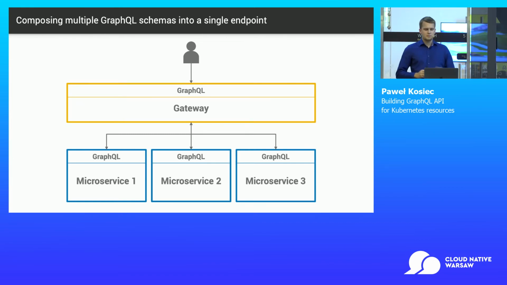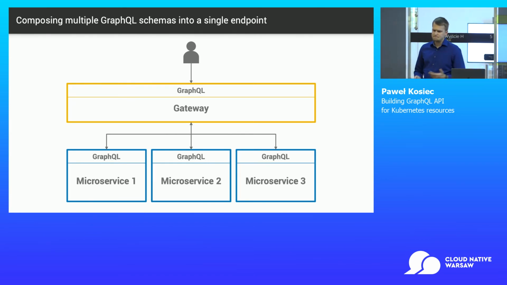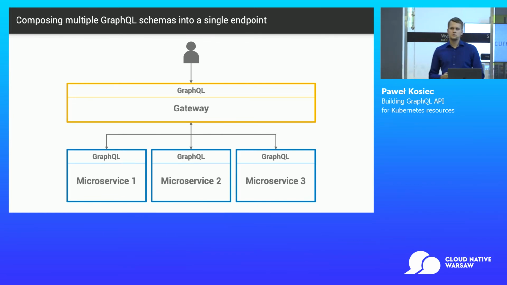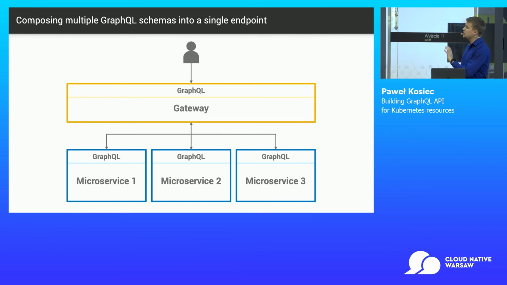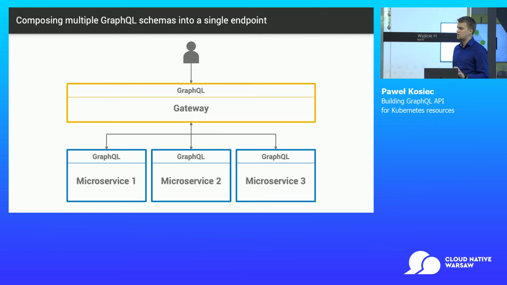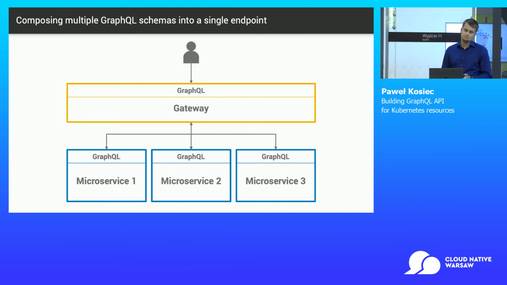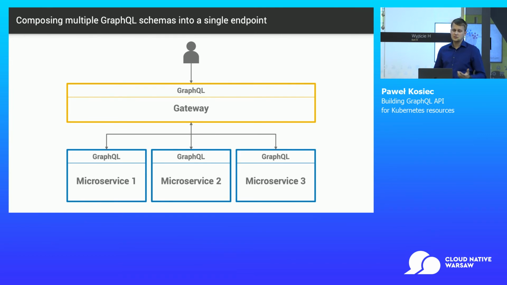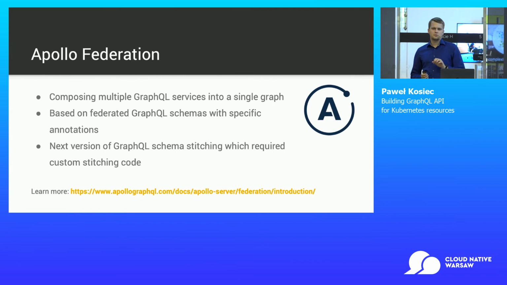As a result, the user sees the same schema as before, while requests are actually made to multiple services. The whole gateway shouldn't need to be written by hand. It should be generated, or it shouldn't need any setup. So that is one option for how to do it.